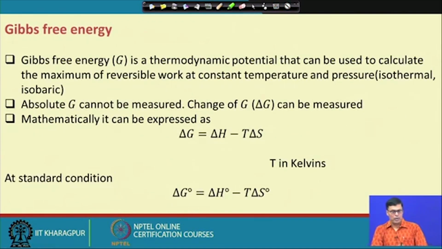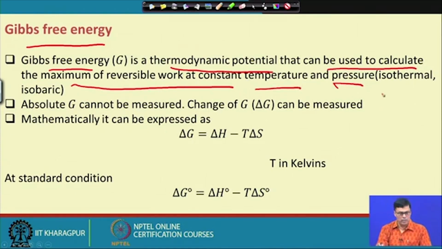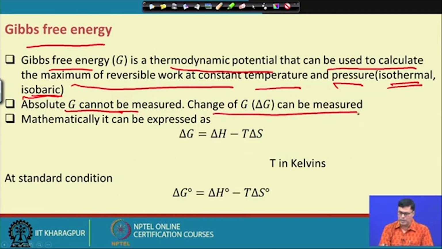Another very interesting term in thermodynamics is the Gibbs free energy change. Gibbs free energy change is the thermodynamic potential that can be used to calculate the maximum reversible work at constant temperature and pressure, that is, isothermal or isobaric. Isothermal means the temperature remains constant, isobaric means the pressure remains constant. The absolute value of free energy cannot be measured, but the change of free energy can be.